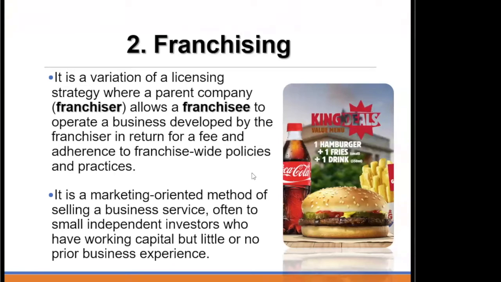So in addition to the fee, the franchisee has to agree to adhere to the franchise-wide policies and practices to ensure that it stays on brand, such that the Burger King in Ghana should be the same as the Burger King in South Africa and the same as the Burger King in the US.